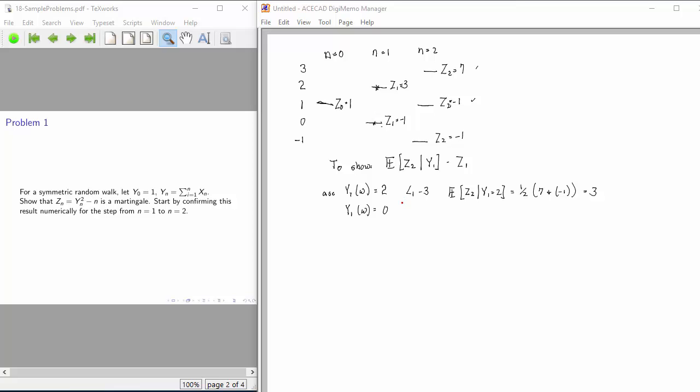Okay, in this case, z1 is equal to -1, and the expectation of z2 conditioned on y1 being equal to 0 is 1/2, well, it's -1 in both cases, so everything checks. But you don't want to do every case, so let's figure out how we can do this in the general case.